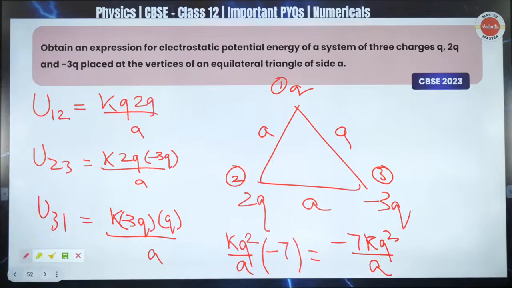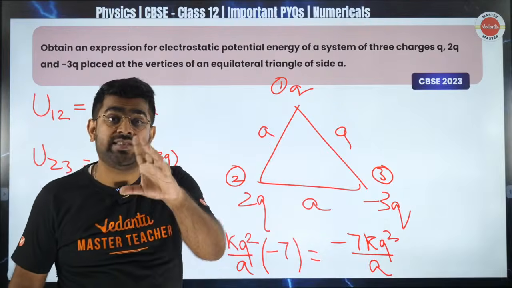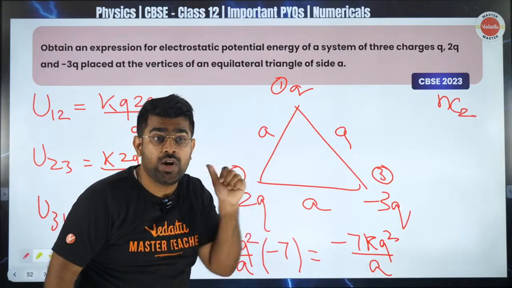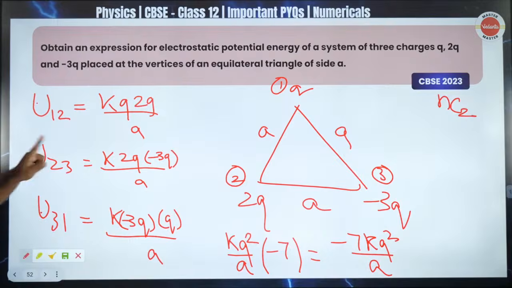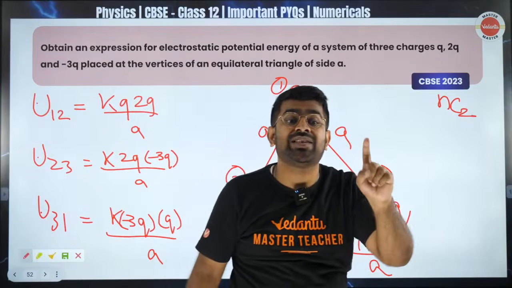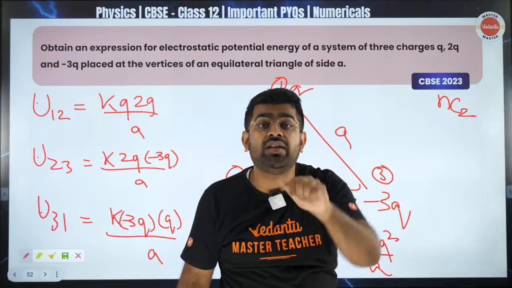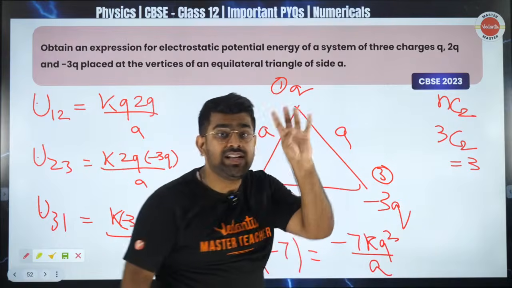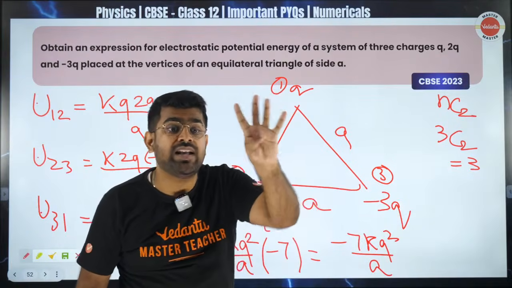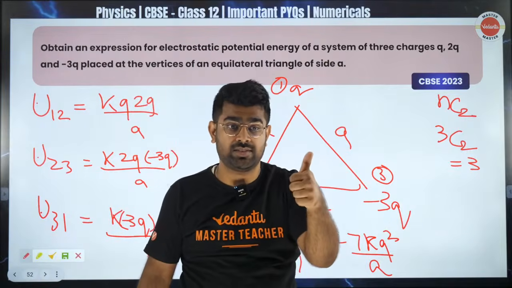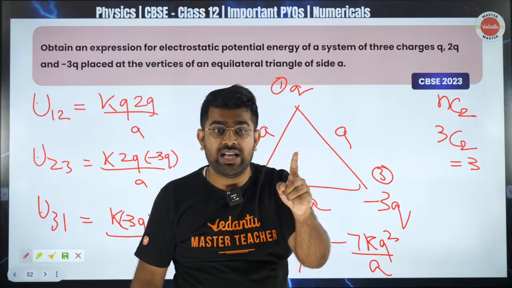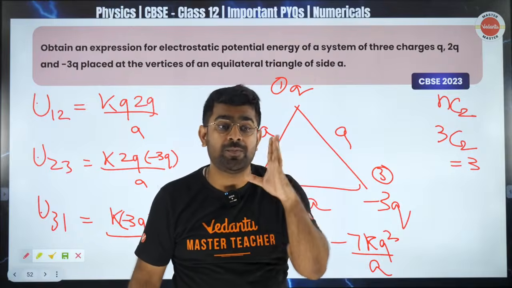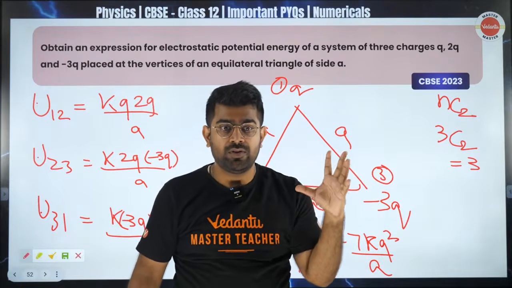Okay? Are you all clear? And guys, the number of interactions is NC2. If there are three charges, how many terms do you have to write? 3C2, which is 3. So I have to write 3 terms. If there are 4 charges, 6 terms will come, because 4C2 is 6. It's very important, because that is where students make mistakes. So if 4 charges are given on a square and the potential energy is asked, you have to write 6 terms. Don't forget that.